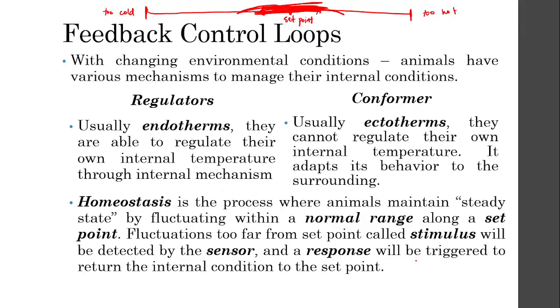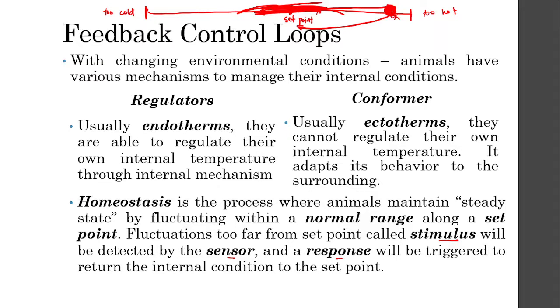For example, maybe the body temperature becomes a little too hot. This being too hot becomes a stimulus that is received by the sensor in our body, and our body will create a response that pulls this back to fall within the normal range, and that is what we call a feedback control loop.